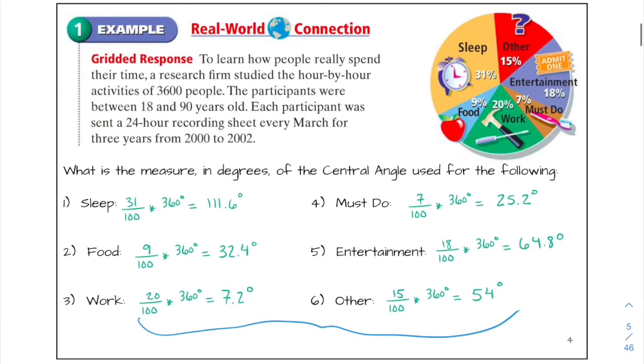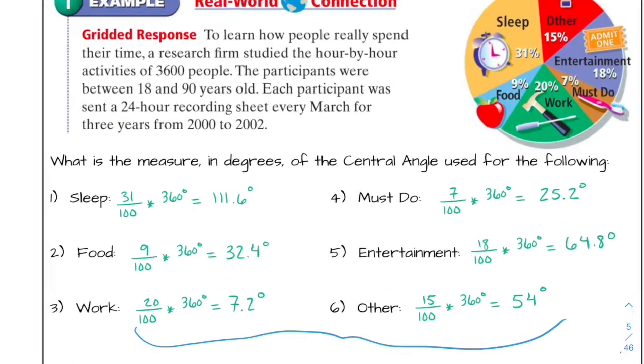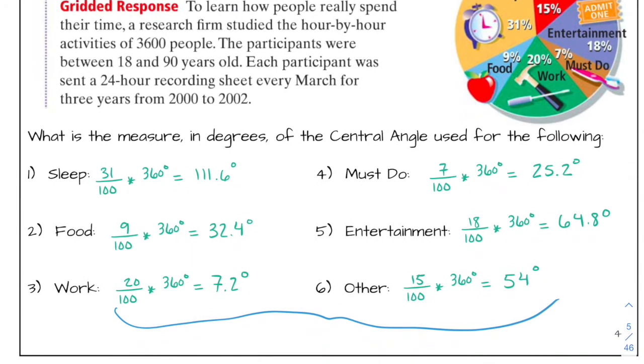Did I miss something? Food is 9. Work is 20. Must do is 7. Entertainment is 18. And other is 15. I must have missed something when I added.